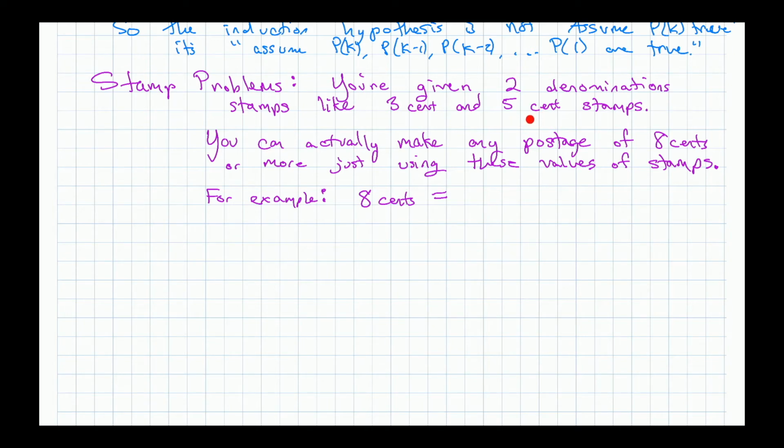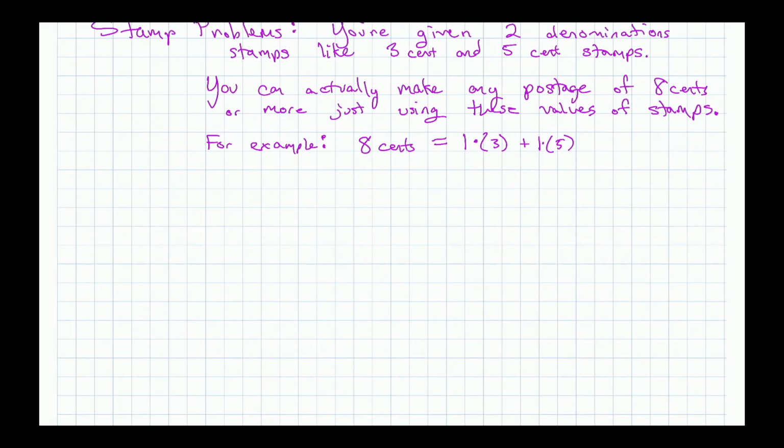So if you were trying to make 8 cents, you would just take one 3-cent stamp and one 5-cent stamp. So you would just say that that's going to be 1 times a 3-cent stamp plus 1 times a 5-cent stamp. And that would be 8 cents, right?